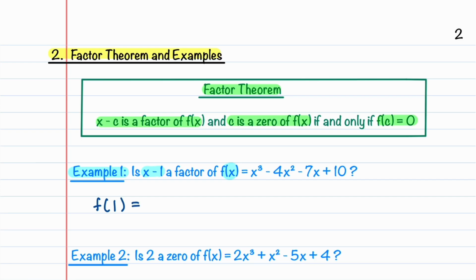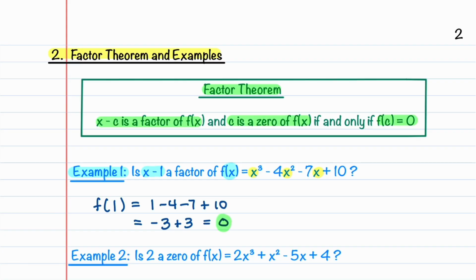Let's go up here to our function, and we're going to let every x be equal to 1. This gives us 1 minus 4 minus 7 plus 10. If we add 1 and minus 4, we get minus 3. And then if we add minus 7 and 10, we get 3. And we add those up, and we get 0.